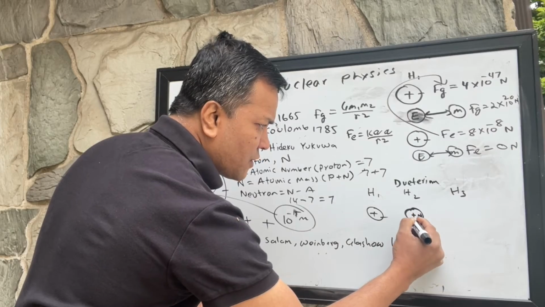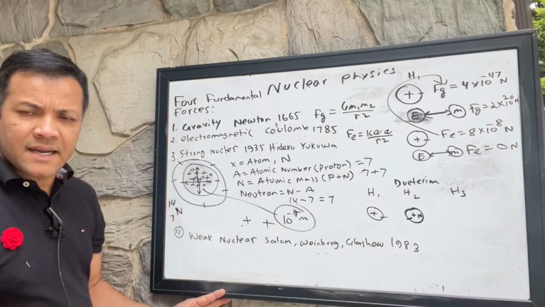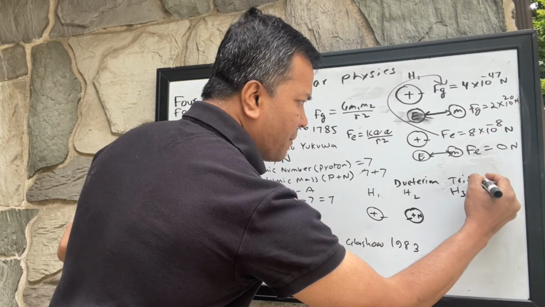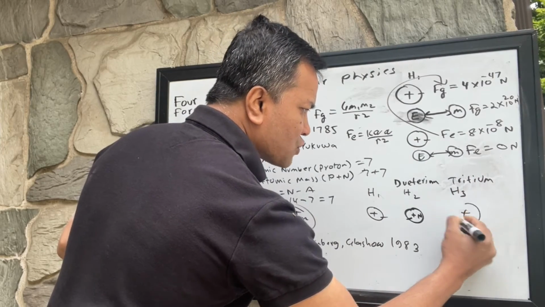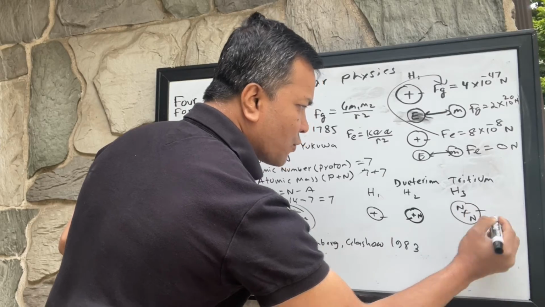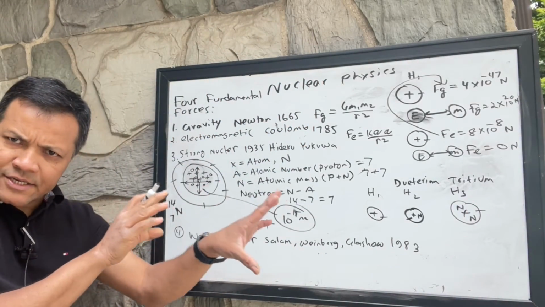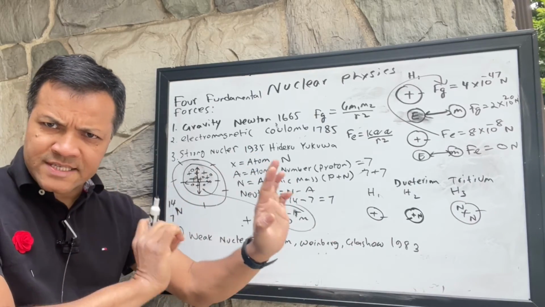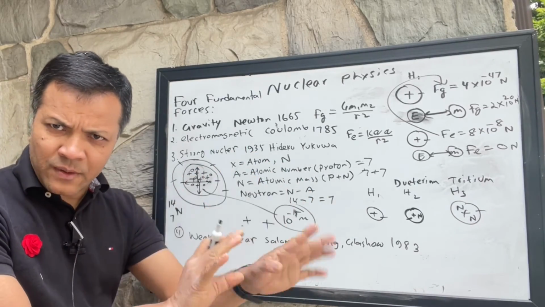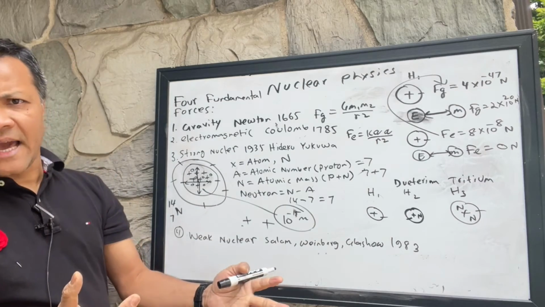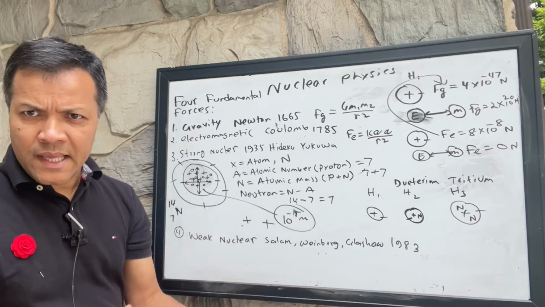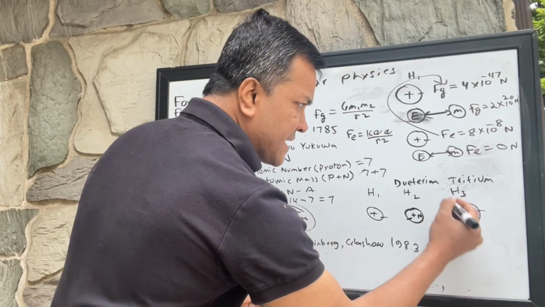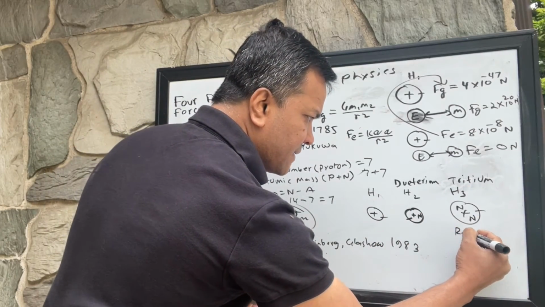You have one neutron and one electron. But tritium has one proton, two neutrons and one electron, and this is highly radioactive. If tritium bonds with oxygen and makes a water molecule and you drink it, you will die almost immediately. Why? Because this water would be radioactive, because this hydrogen is radioactive.